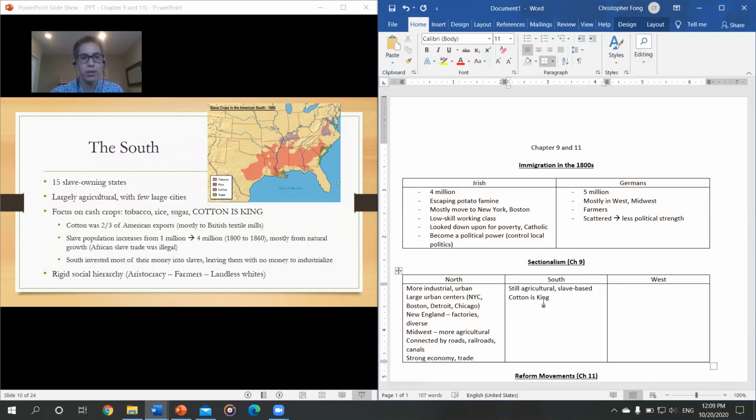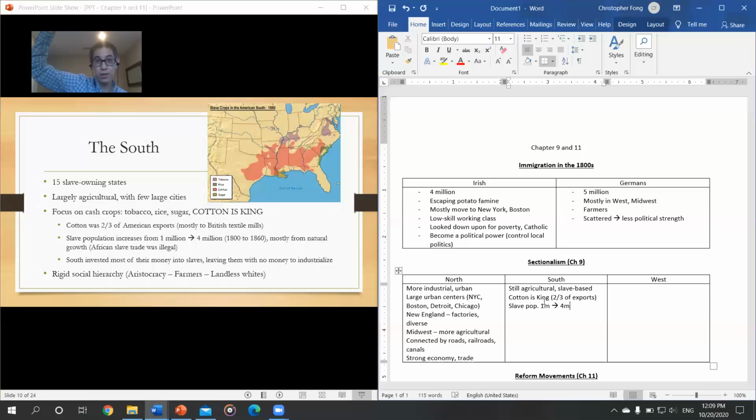And then some other characteristics that we see here, I should say cotton is 2/3 of exports. And then the slave population quadruples, goes from 1 million to 4 million. There's also a super rigid social hierarchy within the South.